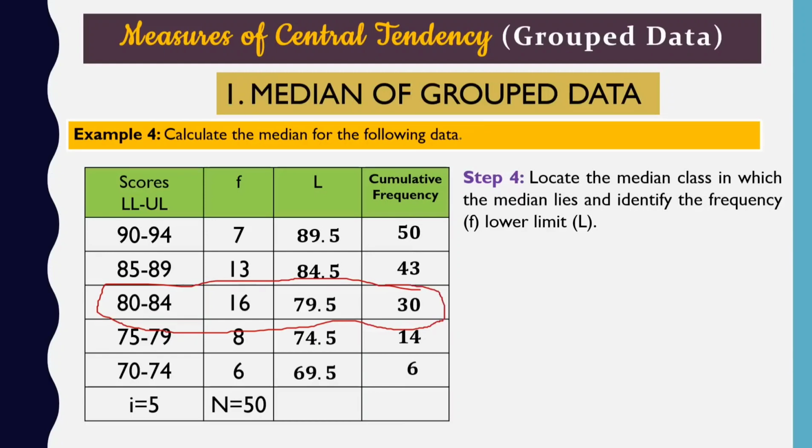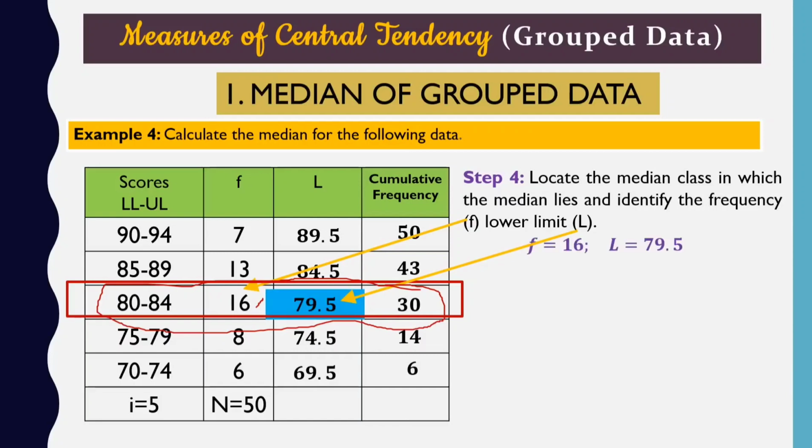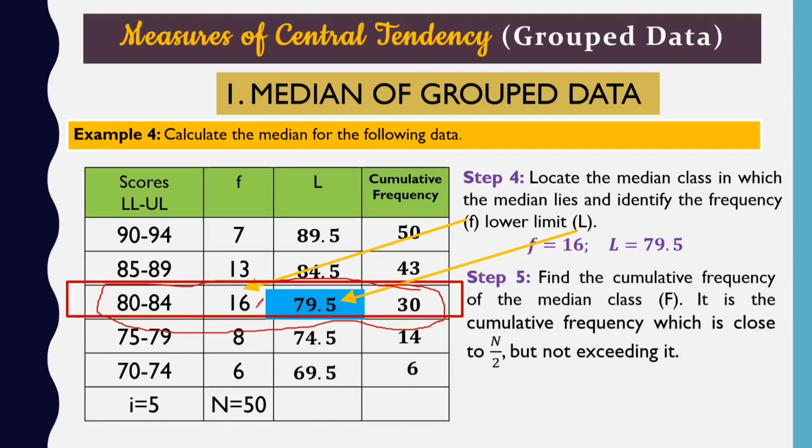So we get the value of 16 and write f, the value of small f is 16, and then our exact lower limit or lower boundary is 79.5. And then step 5, we get the cumulative frequency that is lower than the median class, and that is 14. So the value of F is 14.